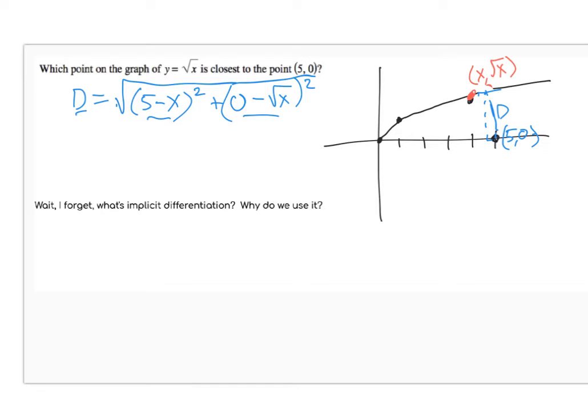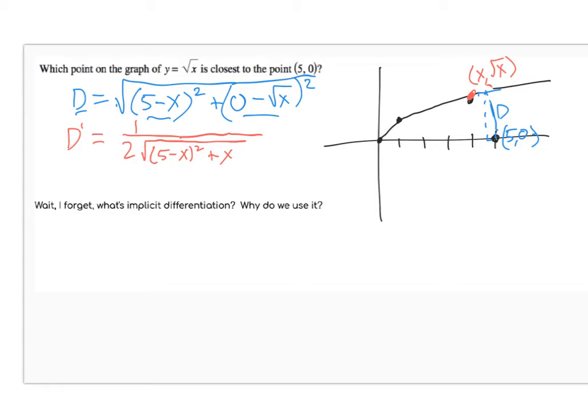Cool. This is an equation for the distance, so let's take the derivative of this. I'm going to call that d prime, and that's going to be 1/2 because this is a 1/2 exponent, and the 1/2 exponent makes it a negative 1/2, so we end up with stuff on the bottom: (5 minus x) squared, plus that squared is going to be just x.